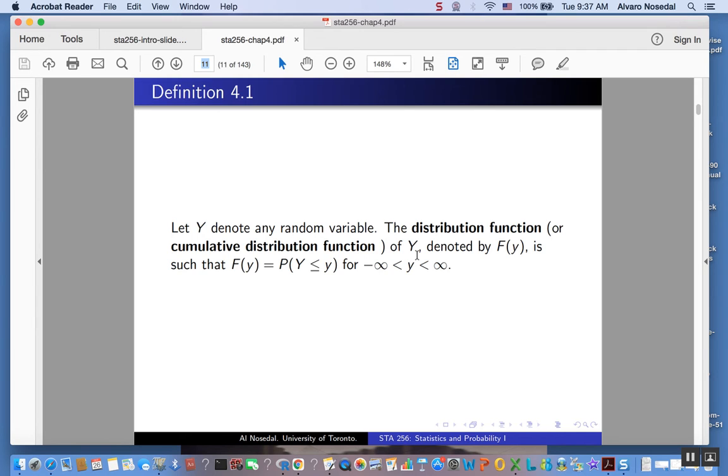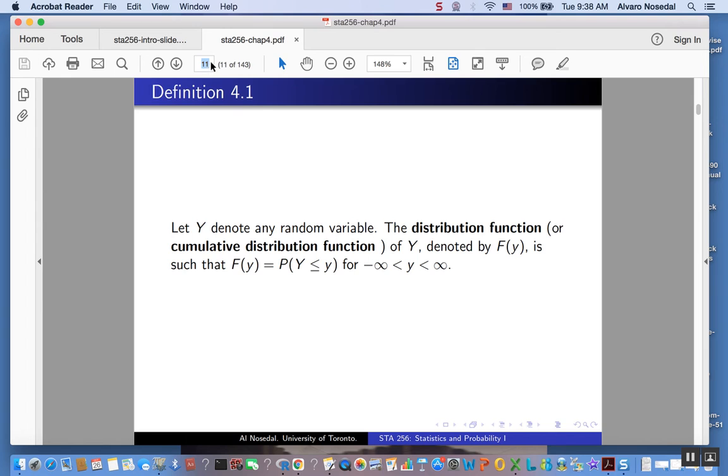I will try to be very explicit when we want the CDF. So that's the way the CDF is defined. It's just the probability that you have up to a certain point. And in the case of a discrete random variable, it would be the sum of all the probabilities up to that point, as we saw in our example.